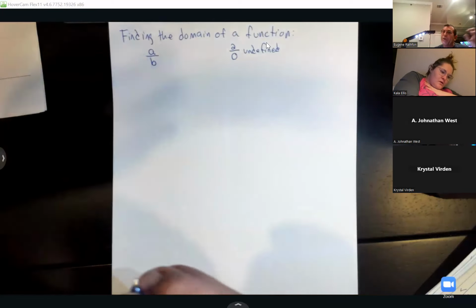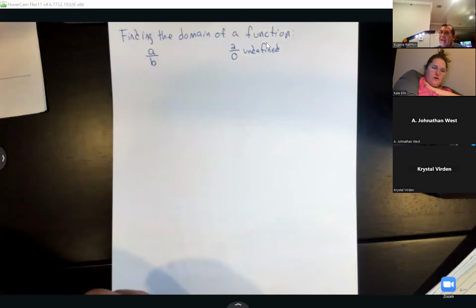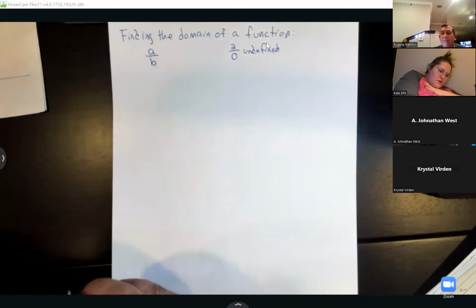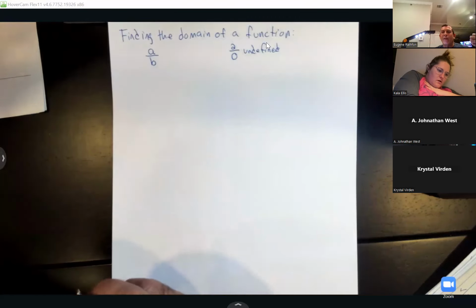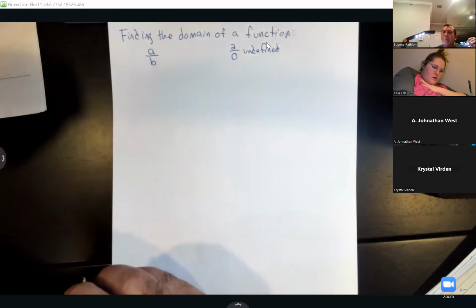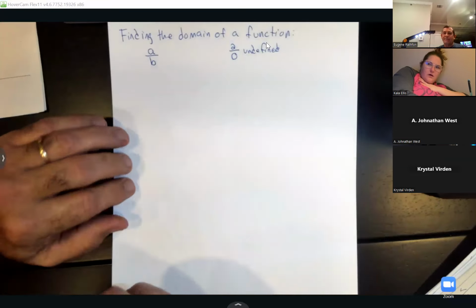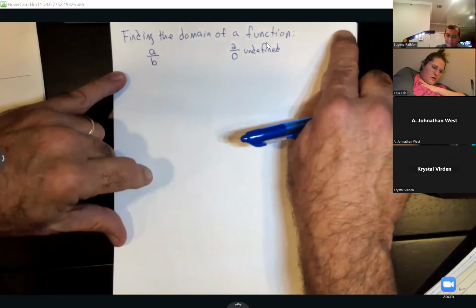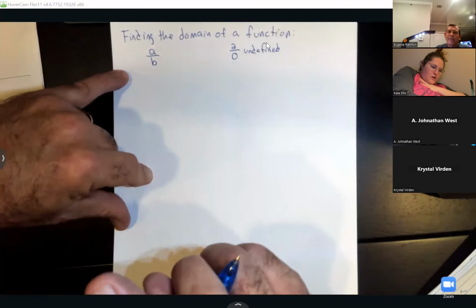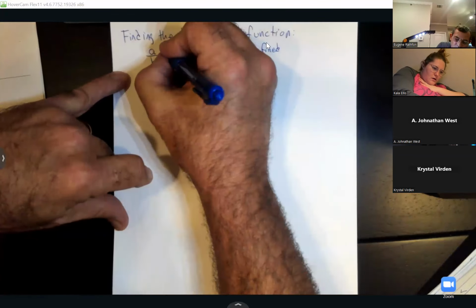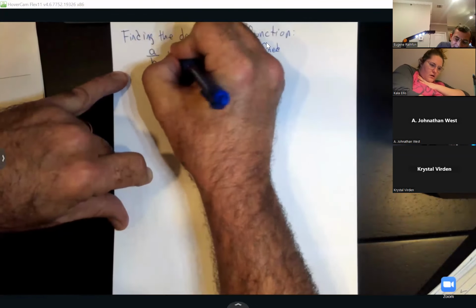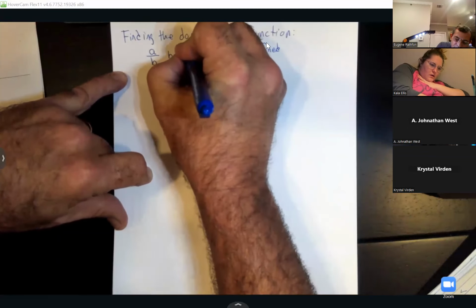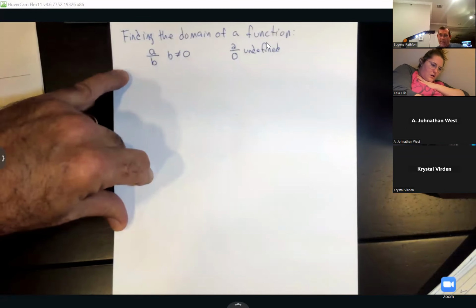Now, you can put a 0 on top. 0 divided by 2 is 0. But 2 divided by 0 is undefined. So the moral of the story, B cannot equal 0.